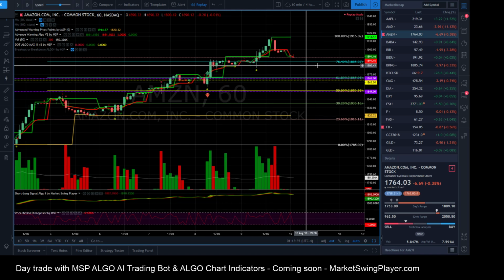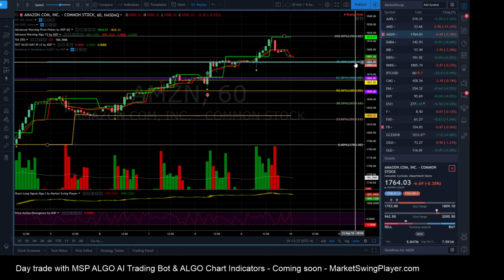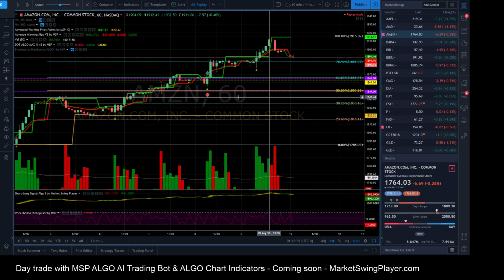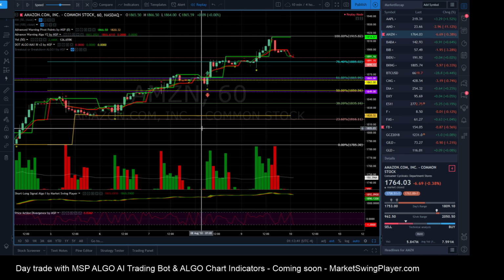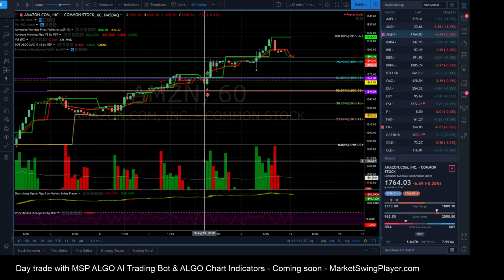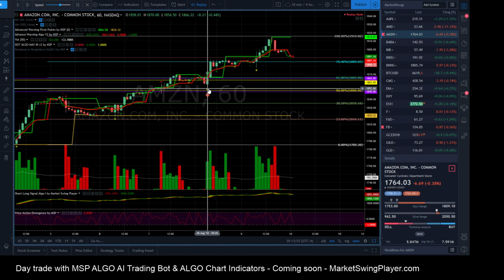And where's the next fib? We think 1885. This is on the 60-minute time frame. I just selected the high and low to quickly draw some fibs here. So in this particular scenario, you knew that one was a long.